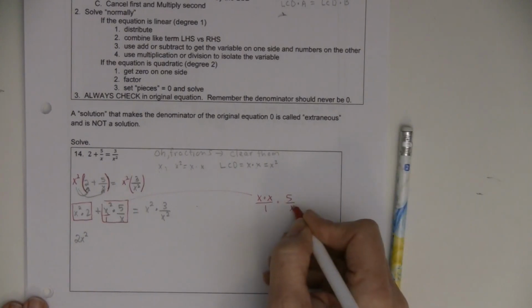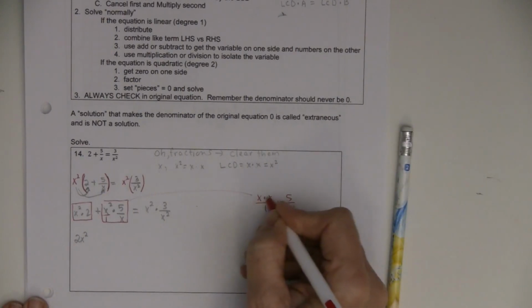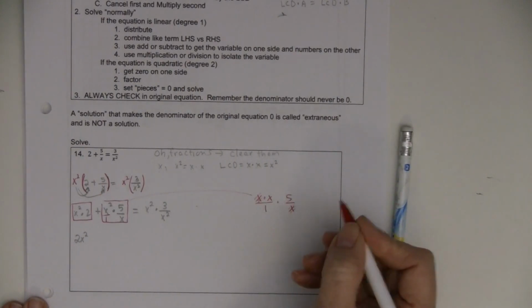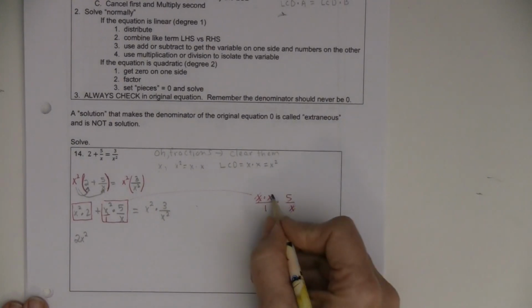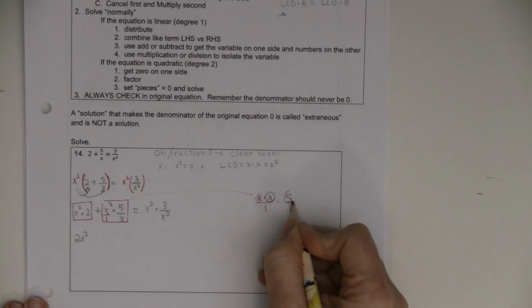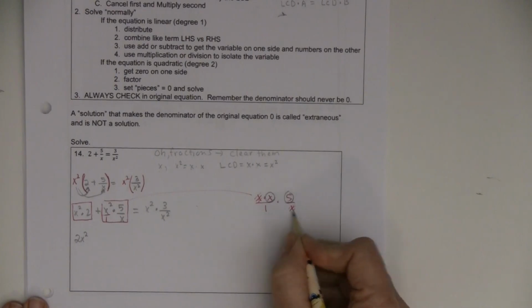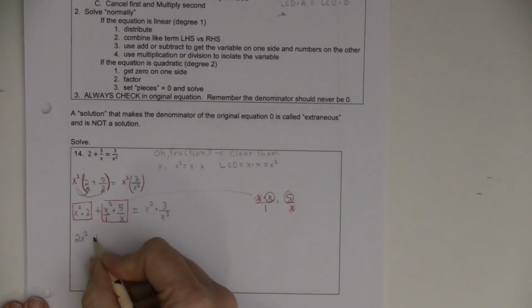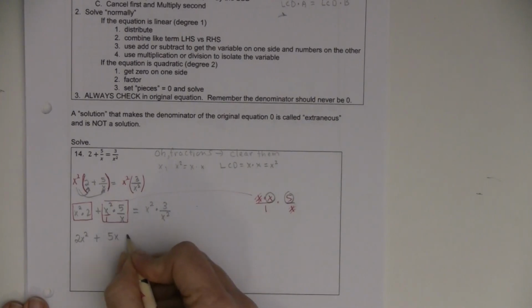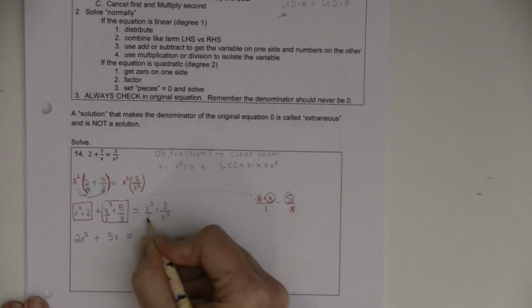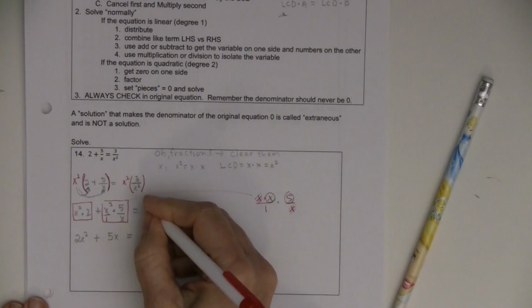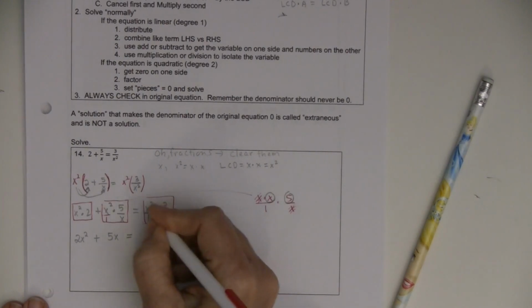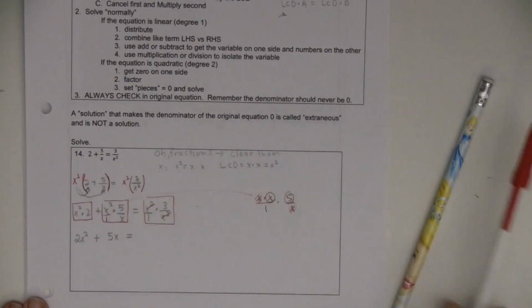I get to reduce, and that x reduces with either one of those x's, it doesn't matter which one, and leaves me an x and a 5 with 1 in the denominator, so that's just 5x. So this is plus 5x. And over here, I don't have to do that one on its side because it's perfect: x squared times 3 over x squared is 3.